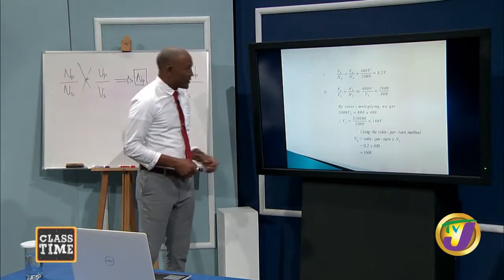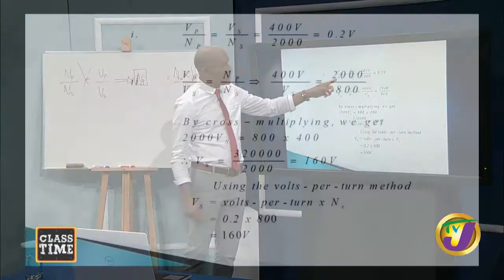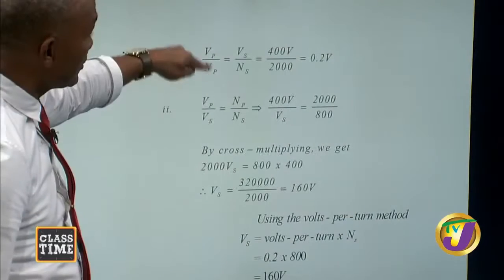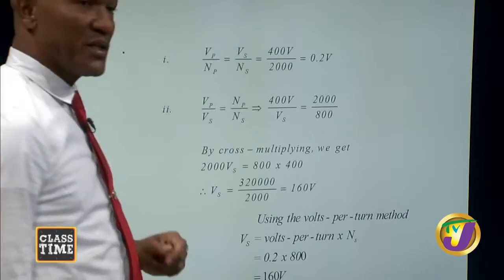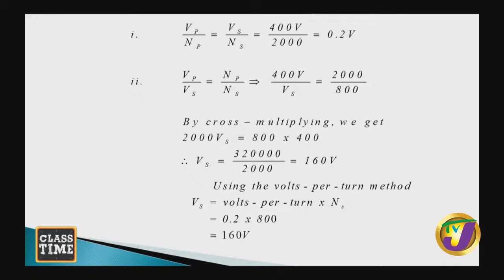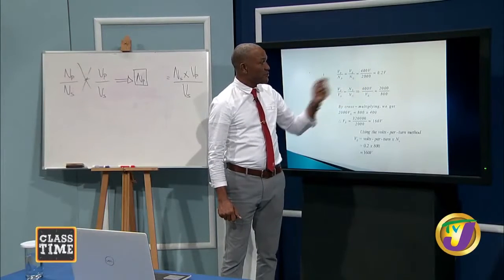So we set it out looking like that. 1. Vp over Np, which is called volts per turn. This volts per turn is for your primary, and it is the same as the volts per turn for your secondary. What's the voltage in the primary? The voltage in the primary was 400 volts. What's the number of turns in the primary? 2000.